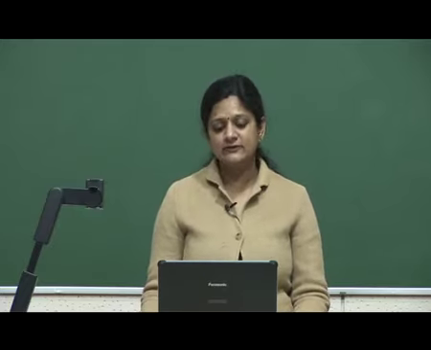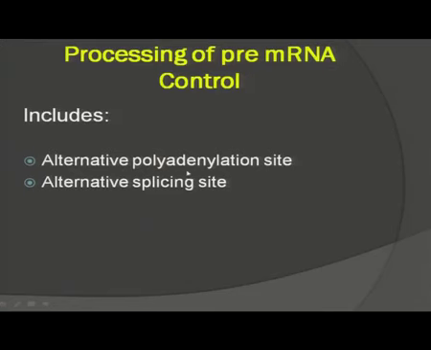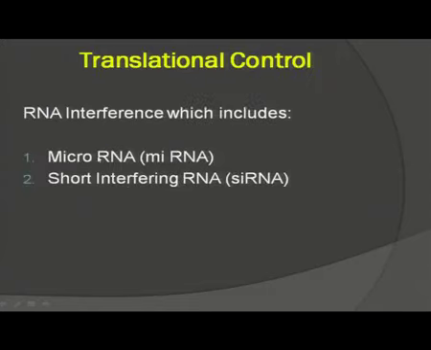In those cases, there is alternative polyadenylation site and there is alternative splicing site. These can be controlled during the processing of pre-messenger RNA into mature messenger RNA.